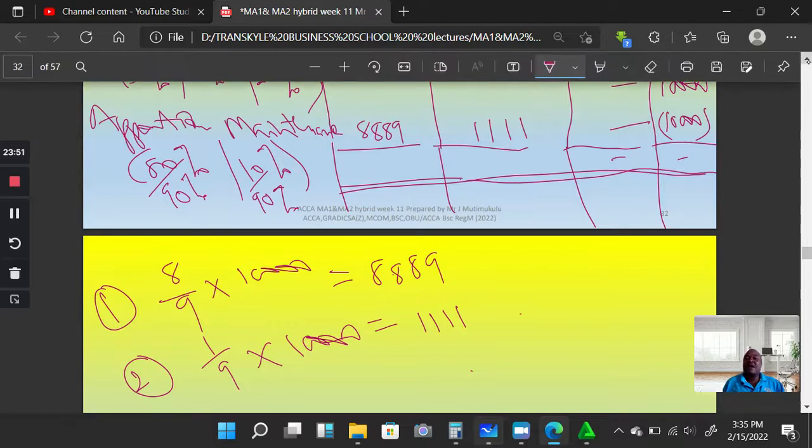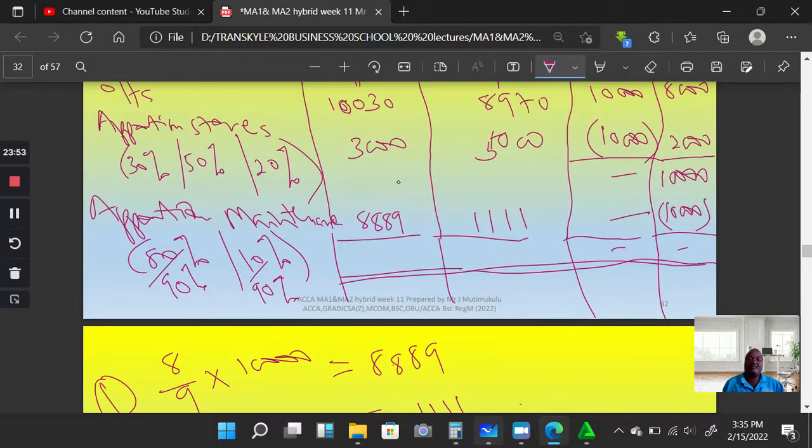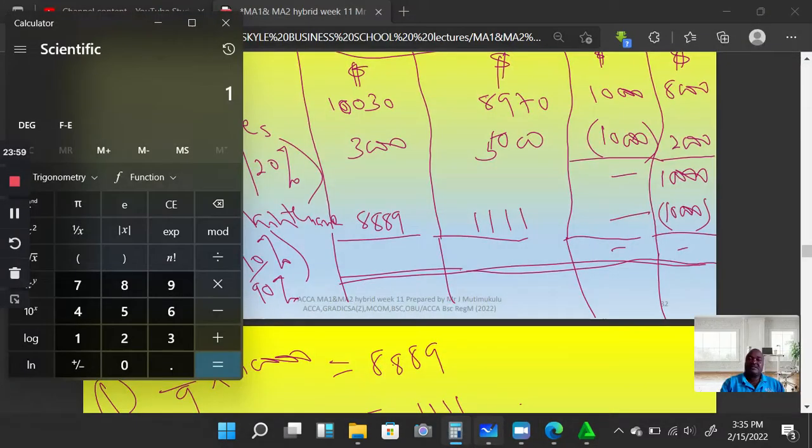Let's add them up. How much do we have now? 10,000 and 30, plus 3,000 plus 8,889.